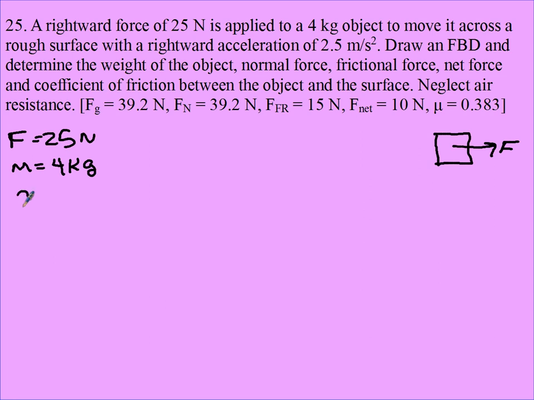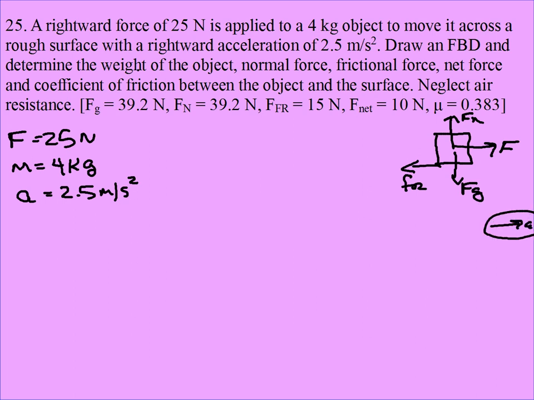And I have the acceleration is 2.5 meters per second squared. Draw an FBD and find everything. So let me finish my FBD. I've got gravity going down, normal going up, and friction. And I have an acceleration.